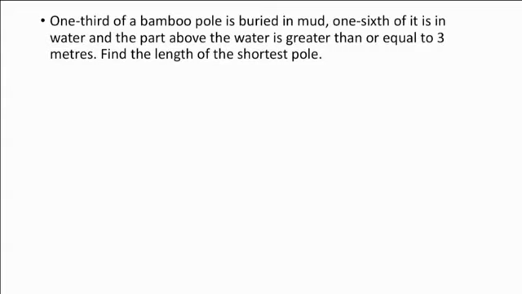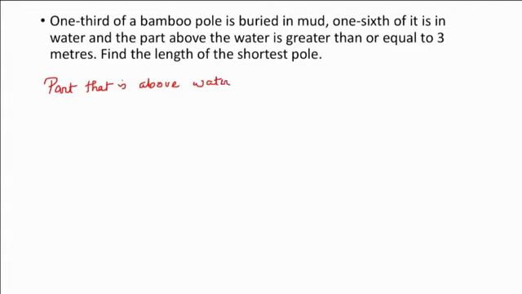So in this question, it is given that 1/3 of a bamboo pole is buried in mud and 1/6 of it is in water. So what is the part that is above water? So let's first find out the part that is above water.